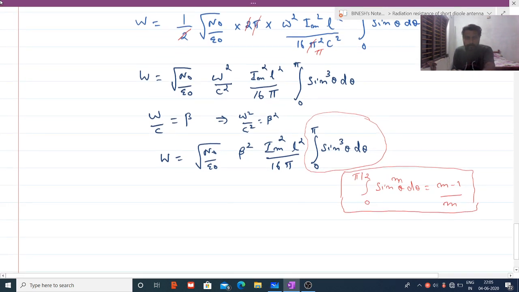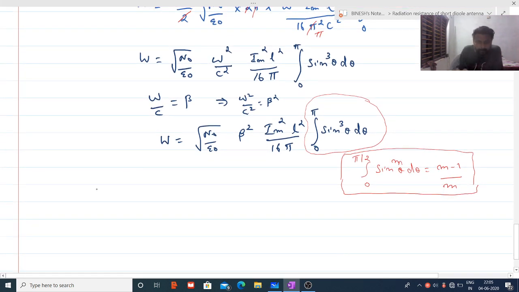So what I will do is I will just write W, and this is a lengthy equation anyway. W is nothing but root of mu naught by epsilon naught beta square Im square L square by 16 pi. This I can write as 2 into integral 0 to pi by 2 of sine m theta d theta, which becomes m minus 1 by m.